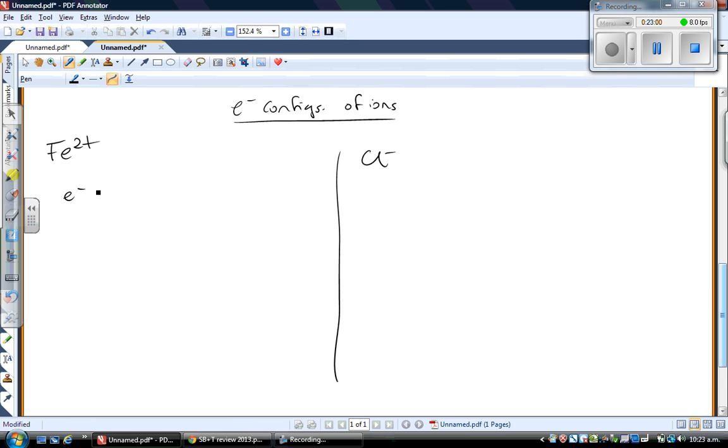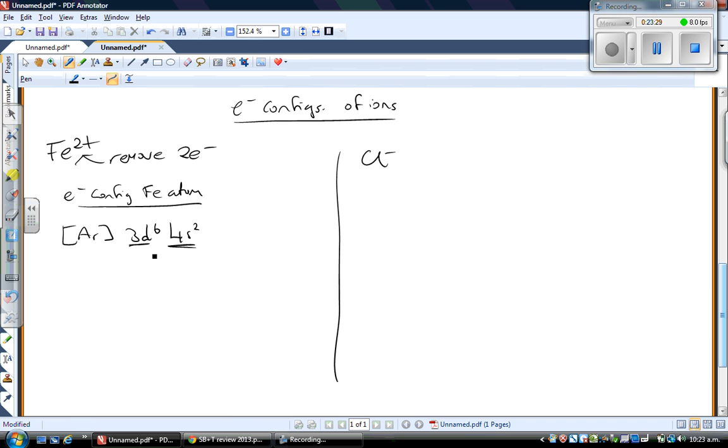So the electron configuration of an iron atom, and we've just written it, is everything as far as argon, then 3d6 4s2. Now, since the filling order was to fill the 4s before the 3d, when we're forming a positive ion we need to remove 2 electrons, because it's Fe2+.